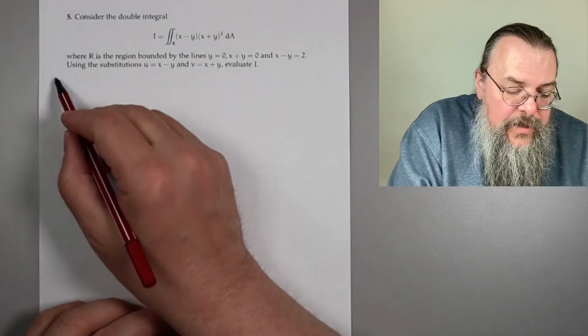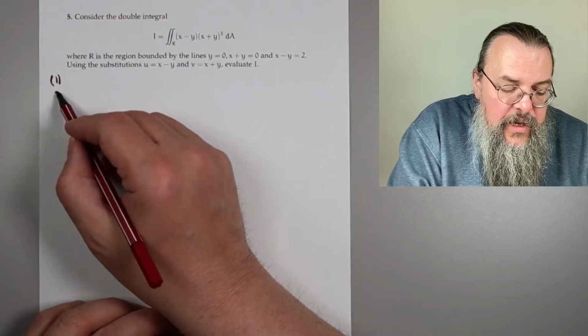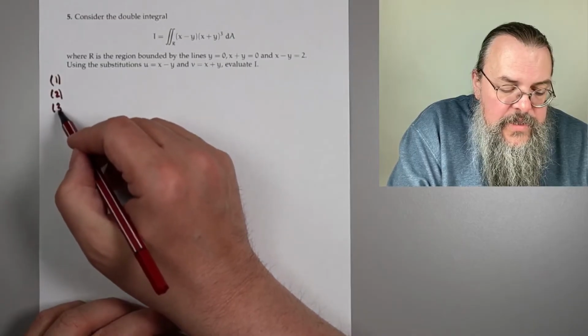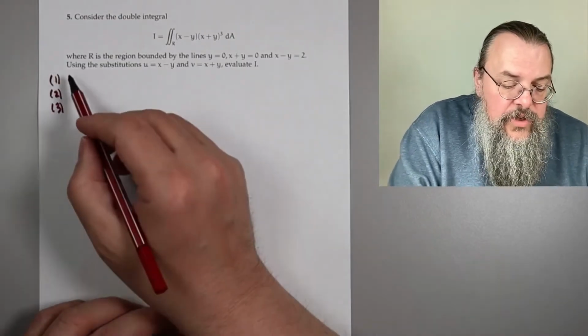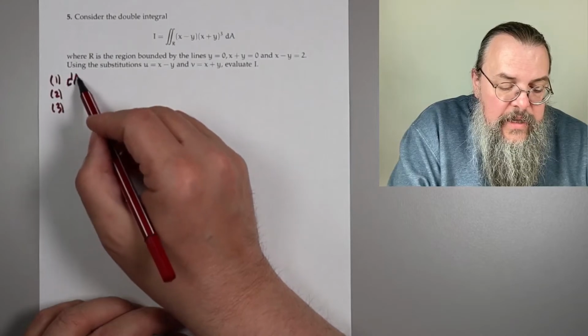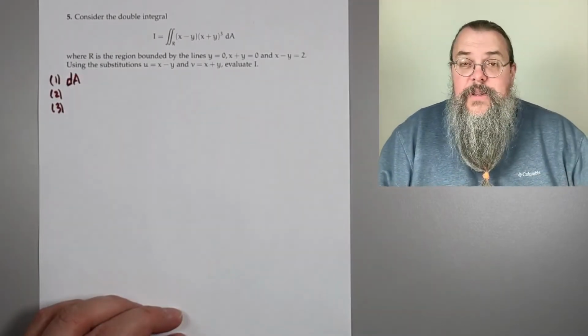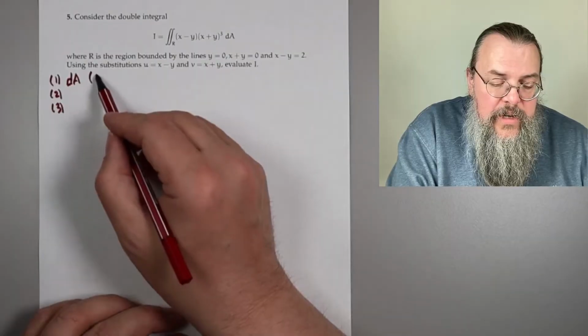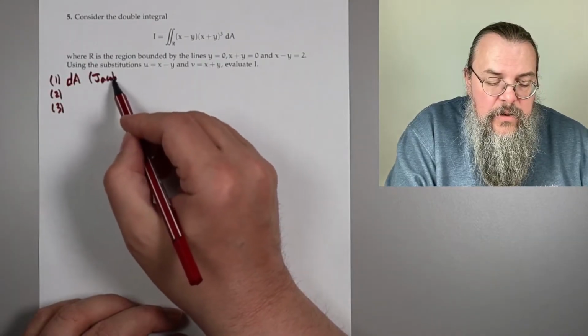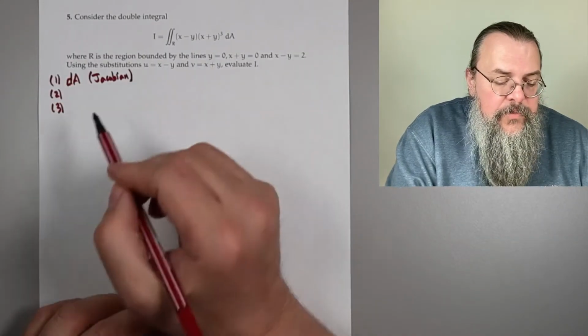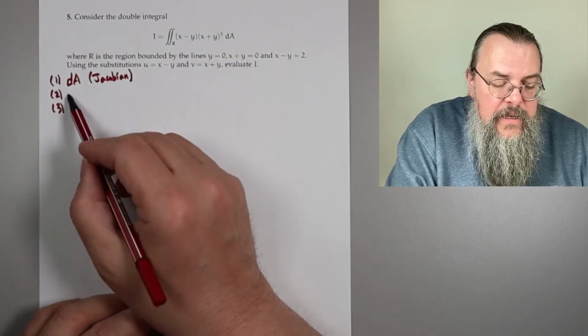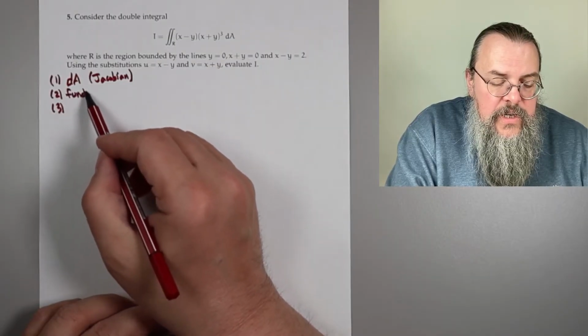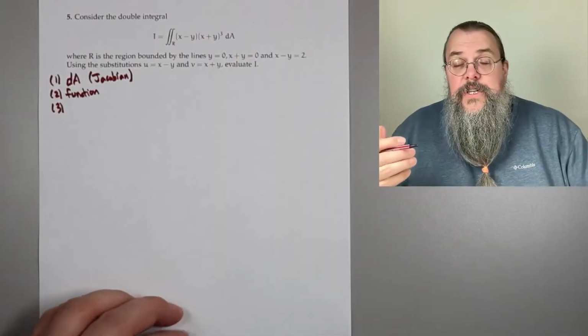So every integral has 3 parts. And I would say the first thing you should look at is you should handle your dA. That says think about how you split things up, and this is the part that's related to the Jacobian. So we like to get that out of the way first. Once you have that, start looking at your function. In other words, your function is going to switch.